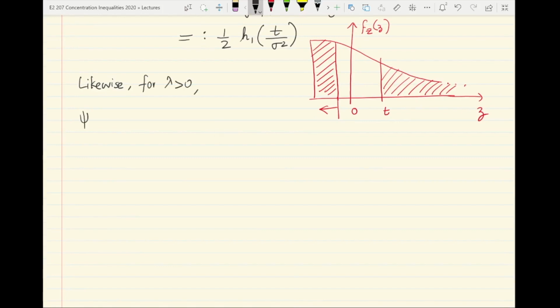If we start with minus z, C of minus z of lambda turns out to be minus half log of 1 plus 2 sigma square lambda, plus lambda sigma square.